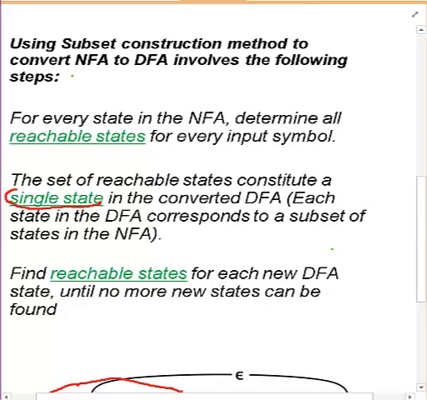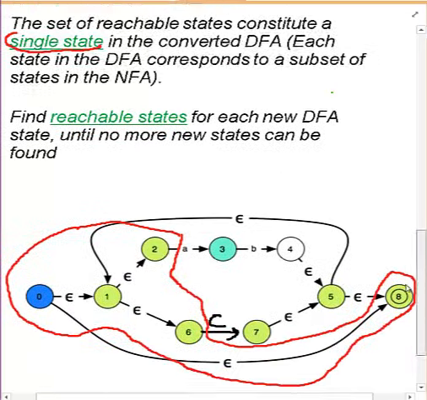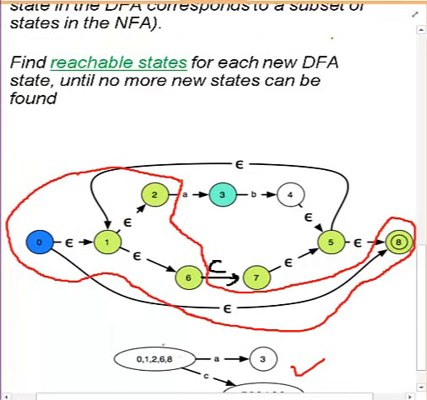Each state in the DFA corresponds to a subset of the states in an NFA. You can visualize that. We have to find the reachable states for each new DFA state until no more new states can be found.